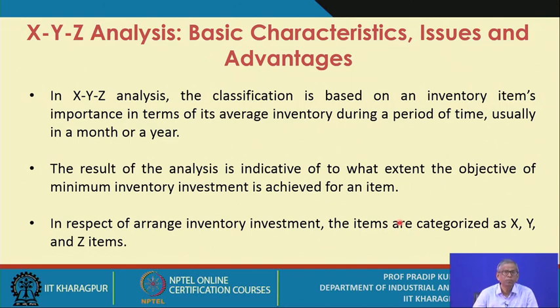We have already mentioned a number of goals or objectives of inventory management systems during the week 1 lecture sessions. So if you carry out XYZ analysis, one of the objectives, that is the minimum inventory investment, will be easier for you to achieve.